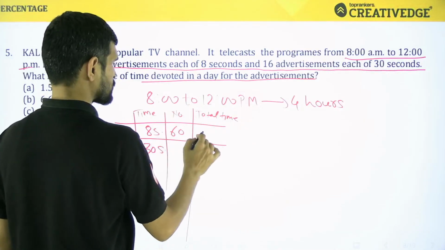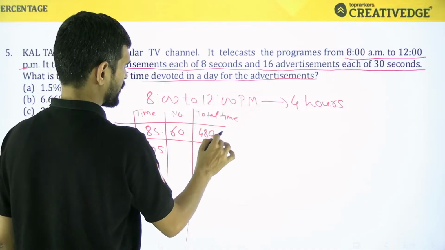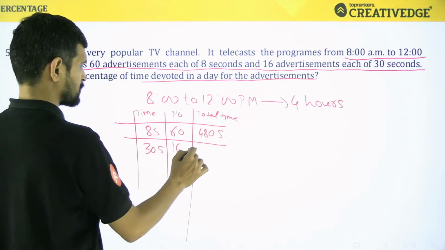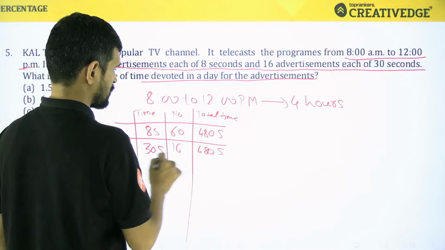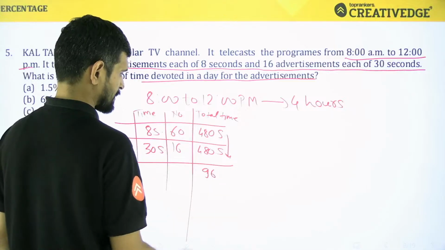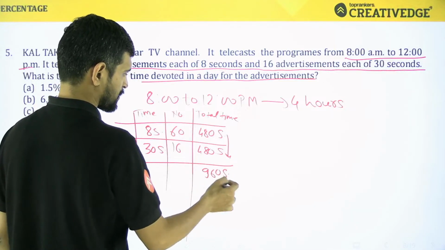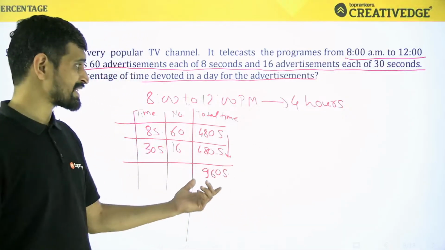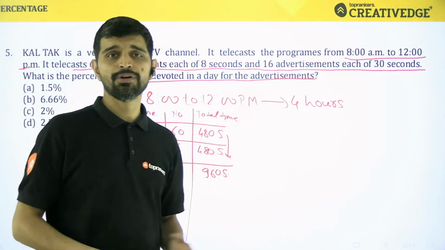So 8 into 6, 48 and a 0, 480 seconds advertisement of 8 seconds. 16 such numbers, that is also 480 seconds. A total of 960 seconds. 40 double is 80, 8 double is 16. So 960 seconds का advertisement time है.